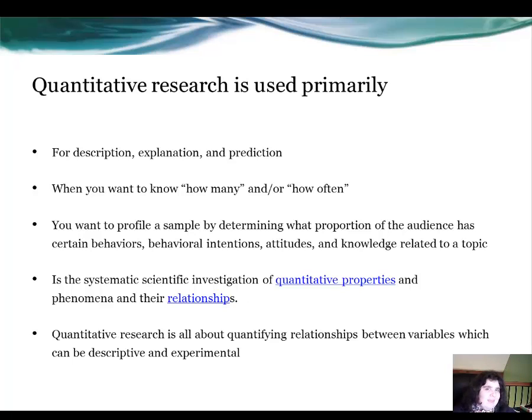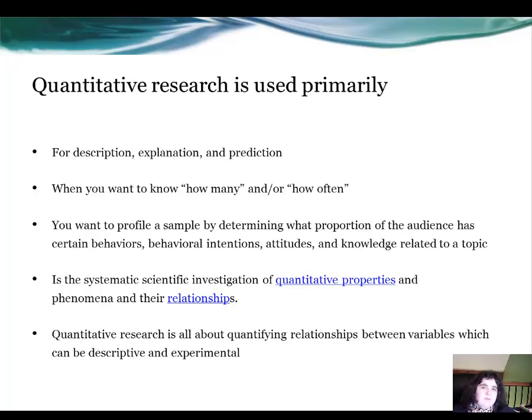So a key outcome from a quantitative research approach is that you can validate a relationship as a result of the statistical analysis you conduct. So just to wrap up about quantitative uses, it's all about quantifying the relationship between variables, which can be descriptive or experimental.